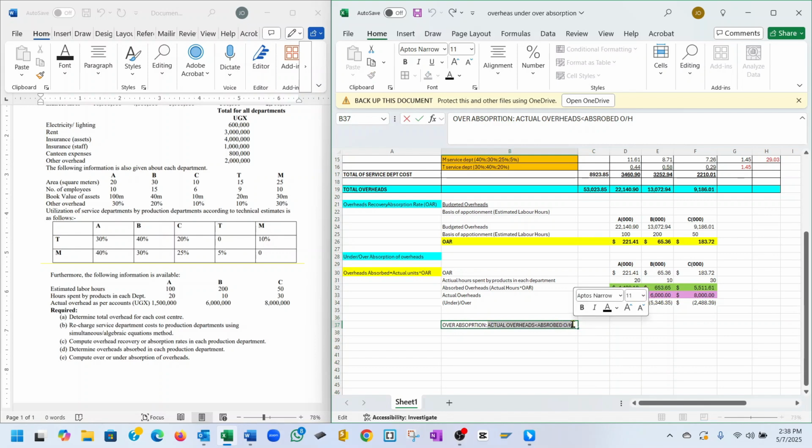Let me put it here. So the actual overheads is less than the absorbed overheads.